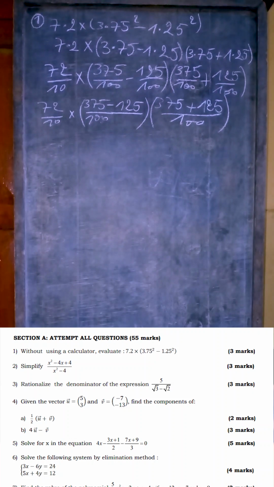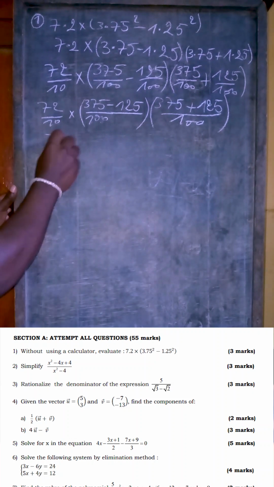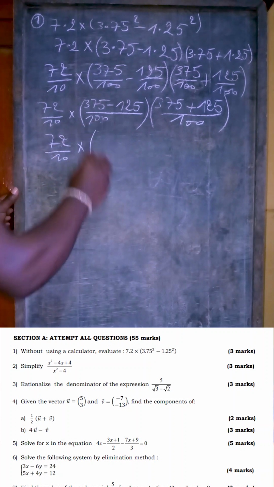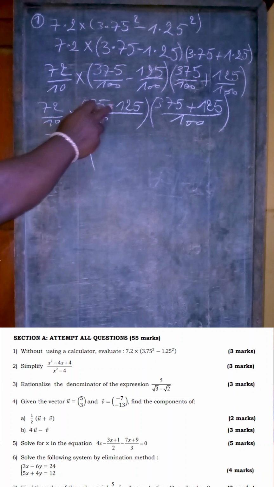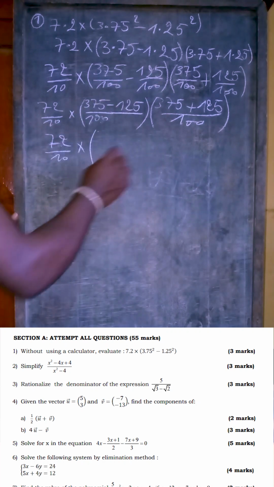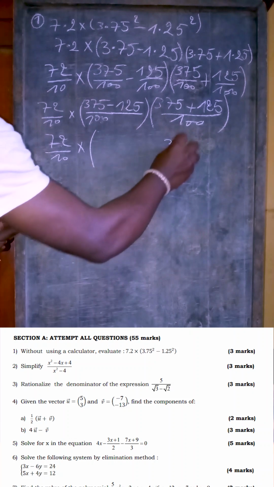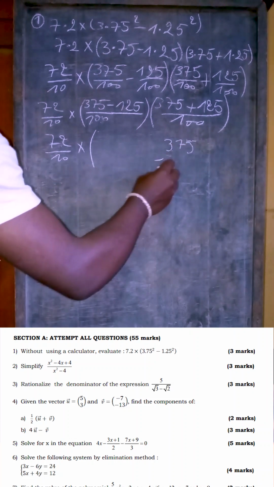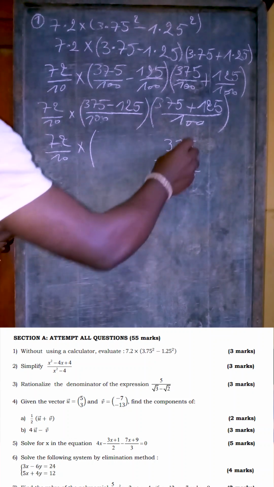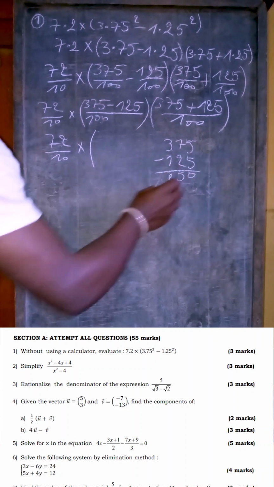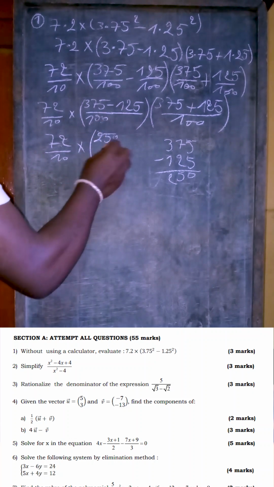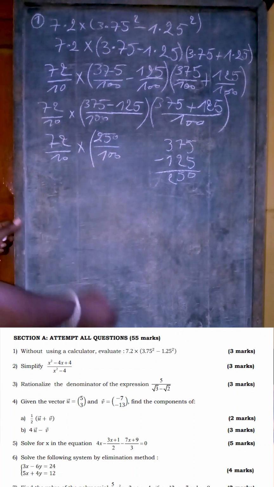Let us continue by taking 72 over 10 times in bracket 375 minus 125. Working this out, we have 0, 5, and then 2, which means it will be 250 over 100.